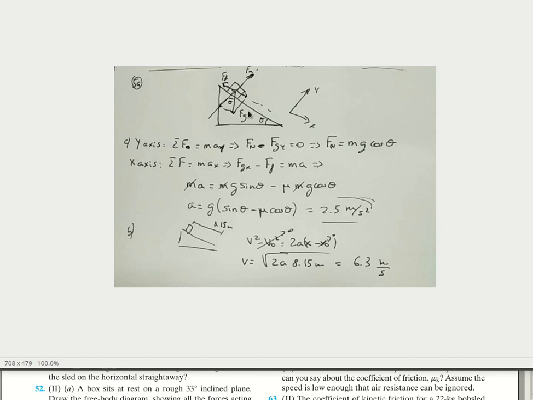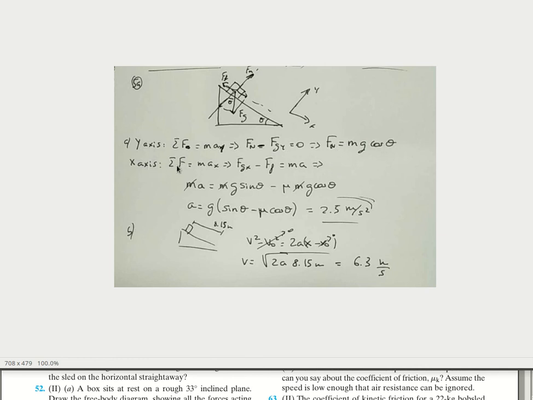Again, you can see it's always the same. You have this ramp, angle, the normal force, friction, gravity, the force due to gravity, and the x and y axes, which we define as you have already seen. In the y-axis, the sum of forces equals the mass times the acceleration in y, which gives again the normal force equal to mg cosine of theta.